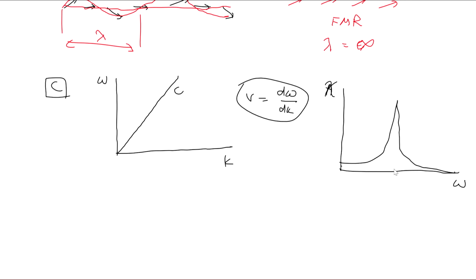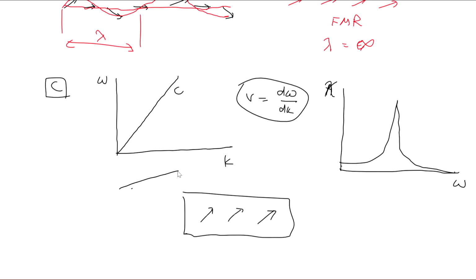If we go to a higher frequency than the resonance, imagine that you have this material. At one frequency, you tilt all magnetic moments at the same time. That is your infinite wavelength. The wavelength is much bigger than the size of the material, so that's a ferromagnetic resonance.